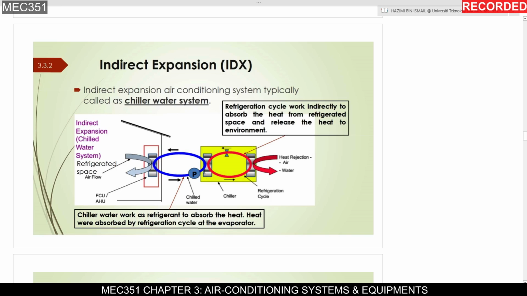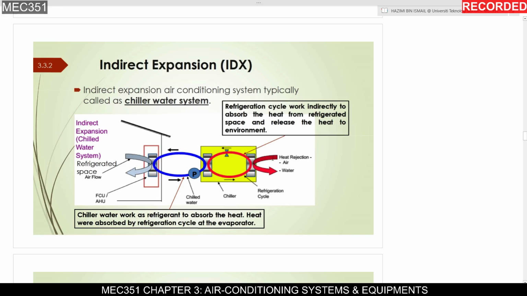Jauh kan? Okay, and then the heat will be transferred to the refrigeration cycle in the chiller, because the refrigeration cycles occur in the chiller. So basically, a chiller will have four basic components, which are compressor, expansion valve, evaporator, and here the condenser. So if you have the condenser here, the chiller will remove heat to the surrounding.